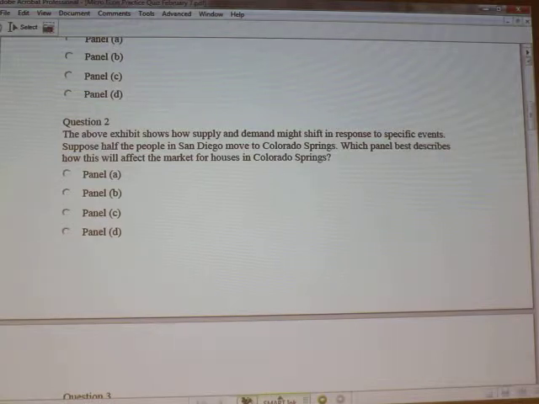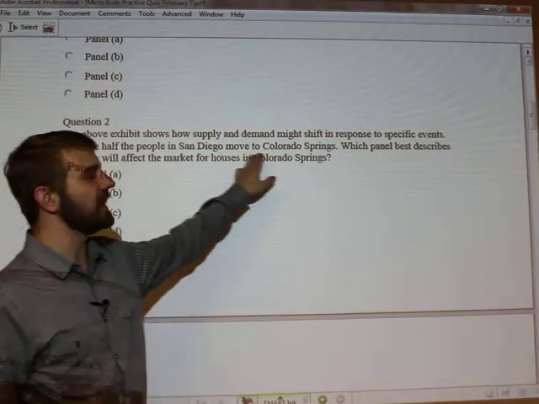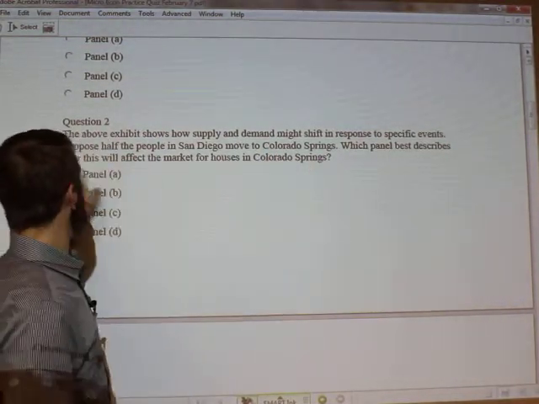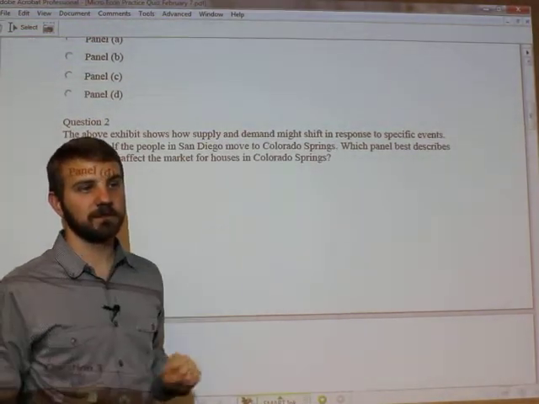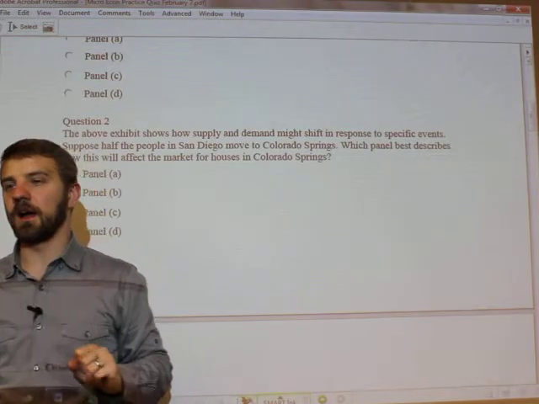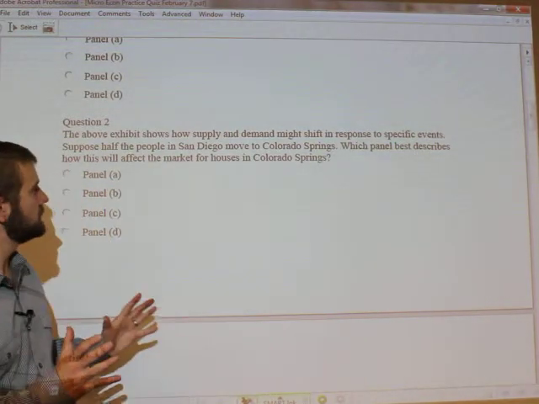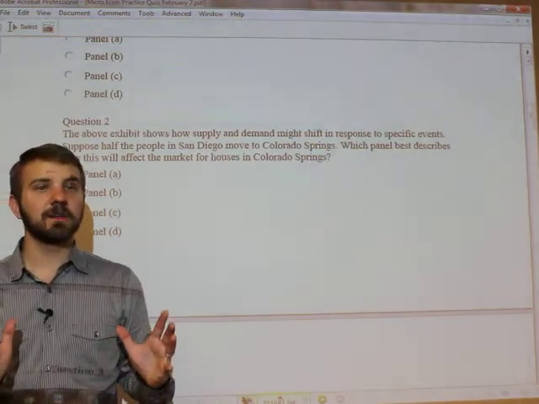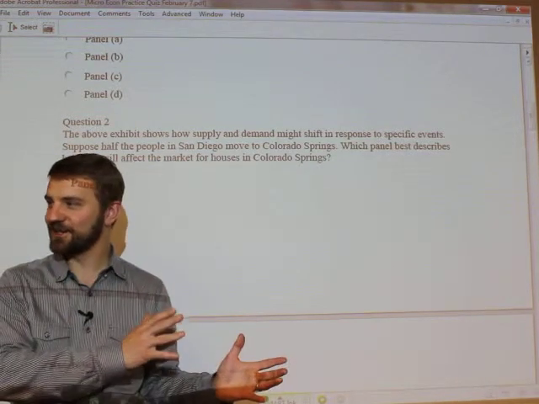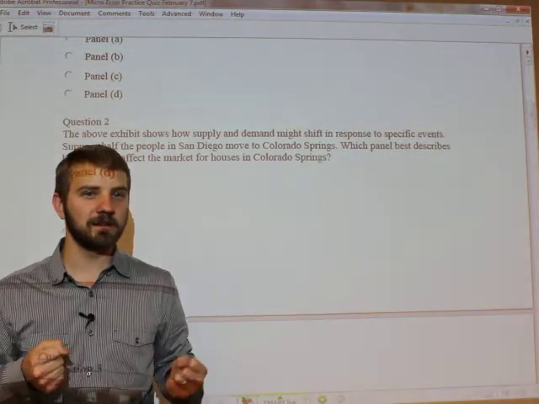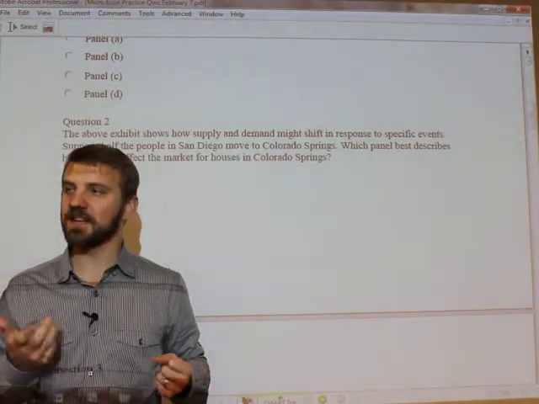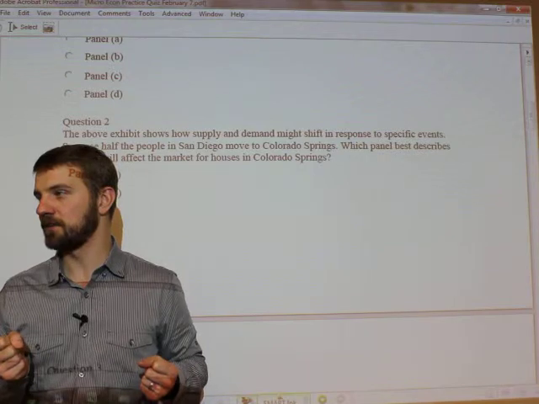Number 2, same type of question. Suppose half the people in San Diego move to Colorado Springs. What will happen to the market for houses in Colorado Springs? So again, we're talking about the market for houses. And is this mass migration of people from San Diego to Colorado Springs going to affect demand or supply? It seems like it's going to affect demand mainly.